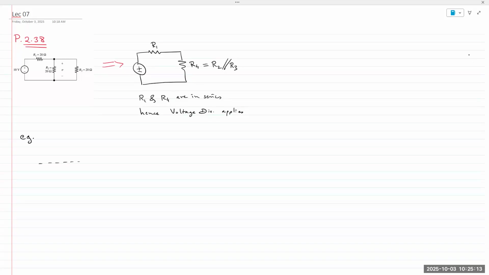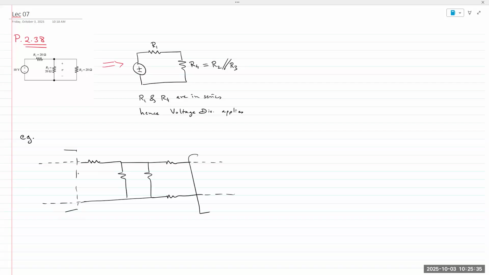We don't know what's in there. Then we have a resistor. And then we have multiple other resistors this way and this way. So we don't know what's here to the left, and we don't know what's here to the right. And we are only analyzing this small portion in the middle.